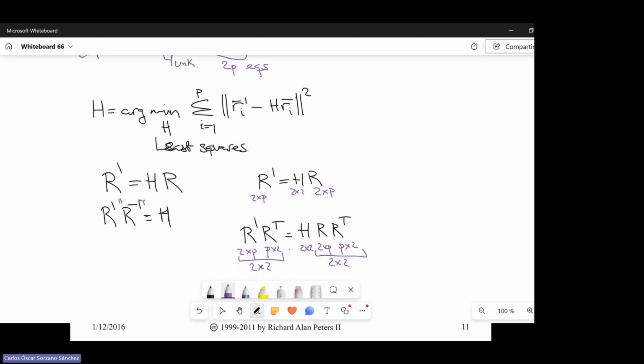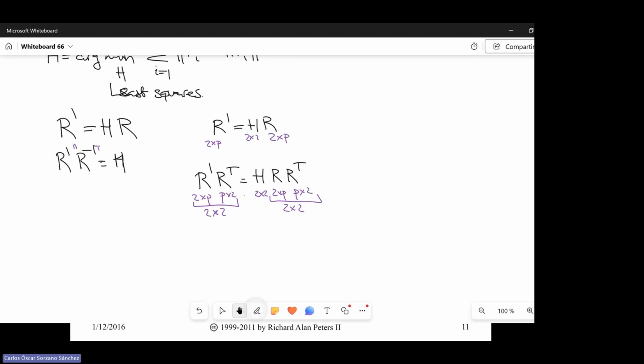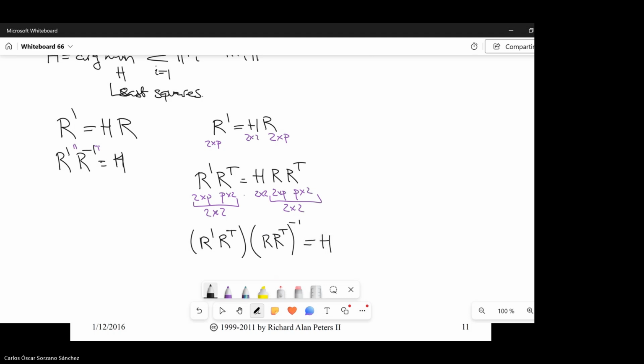So now I can multiply on the right by the inverse, unless there is any problem with the determinant of that matrix, which normally you will not have. So I can multiply by the inverse of that matrix. So I can have R prime R transpose times R R transpose minus 1 equal H. And this is within quotes my inverse.